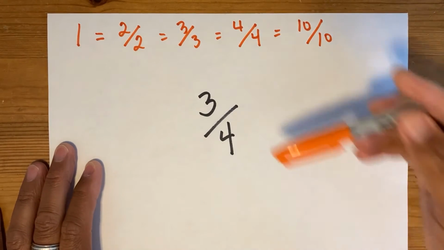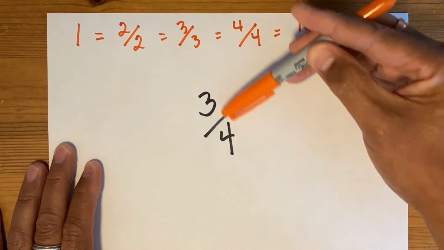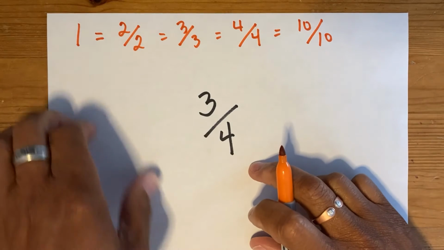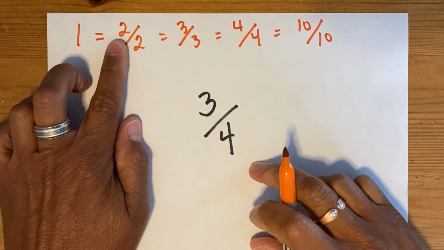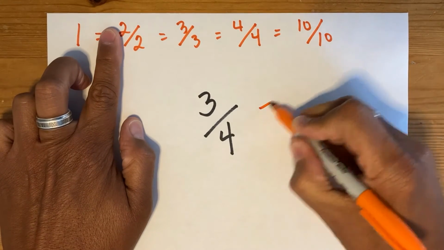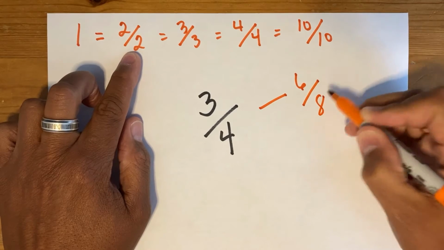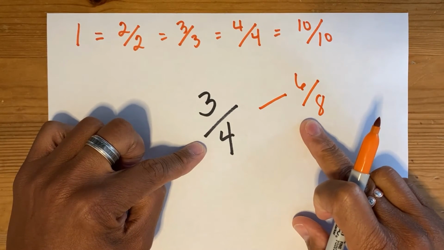So I can also multiply these forms of 1 times 3/4 to get other equivalent fractions to 3/4. If I multiply 3/4 times 2/2, 3 times 2 is 6, and 4 times 2 is 8, so 3/4 is equivalent to 6/8.